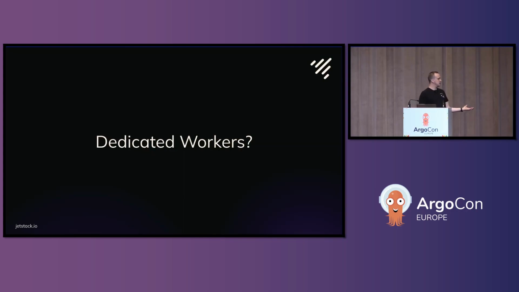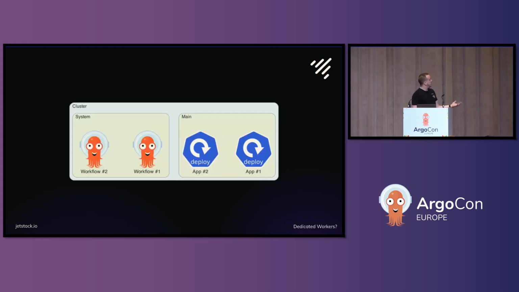You've got your workloads, which are customer-related applications running in there, but you've also got to run your workflows to orchestrate different actions. So we decided to do some dedicated workers. All of our Argo workflows ran in what we called a system node pool in GCP, and all of the customer applications ran in the main.